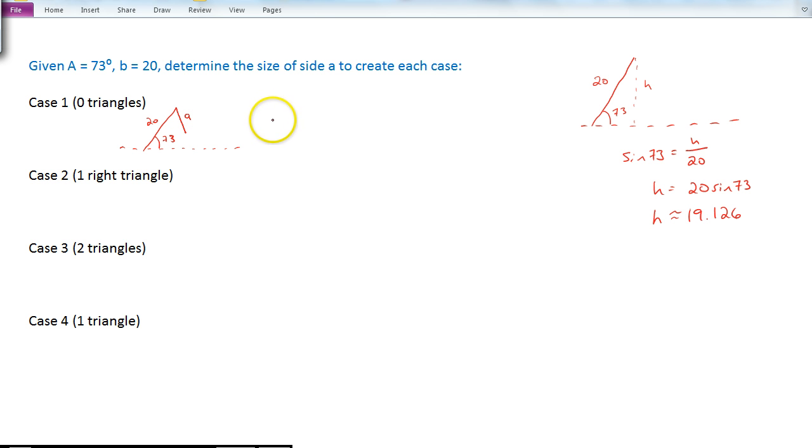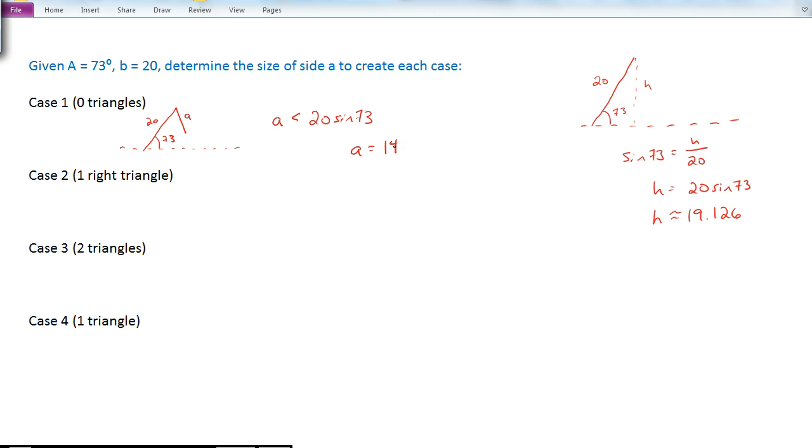Okay, so what we've just said is that A must be less than 20 sine 73. Any number A that's less than that value, roughly 19.126, will result in 0 triangles. So for example, if A equaled 14, I'd have no triangles.